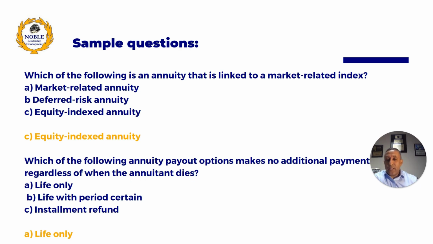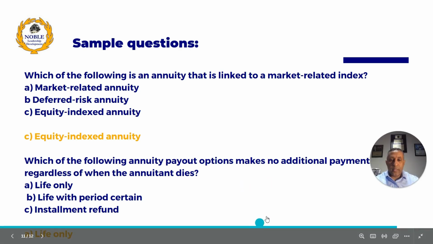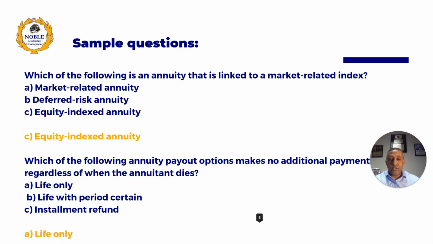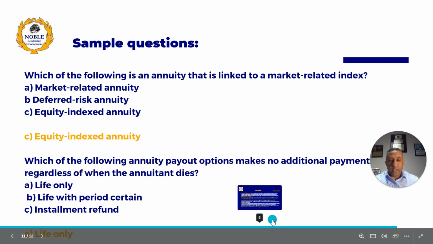So life only, life with period certain, installment refund. The answer is life only. A life only annuity only pays during the lifetime of the annuitant. That's it, right? No residual payment to the beneficiary. Most of the annuities that we do have a death benefit being paid, so they're not life only annuities, right?